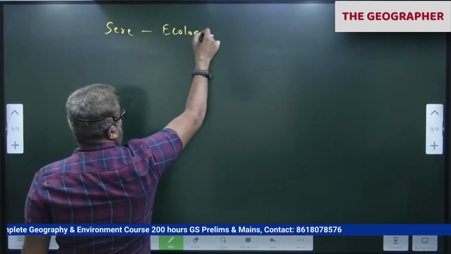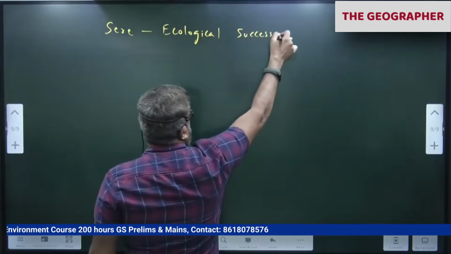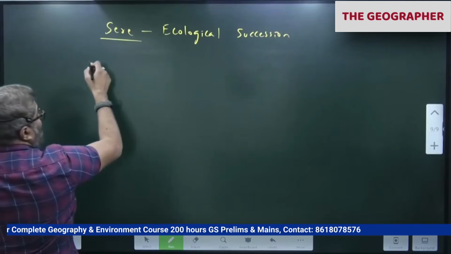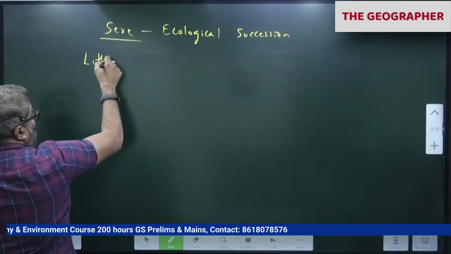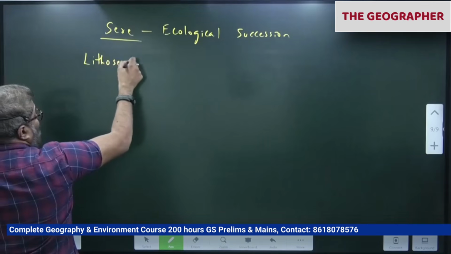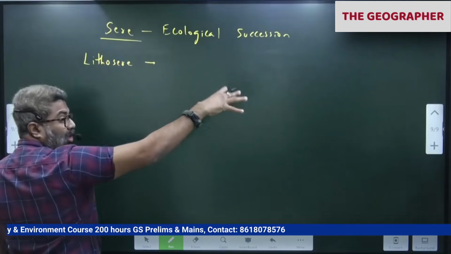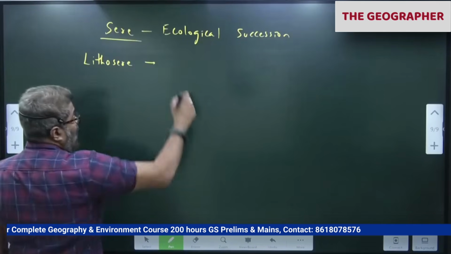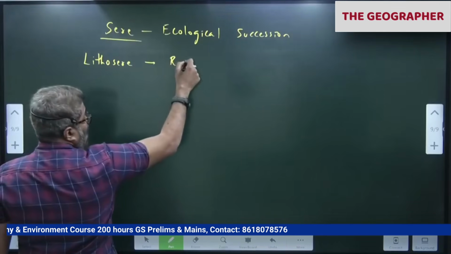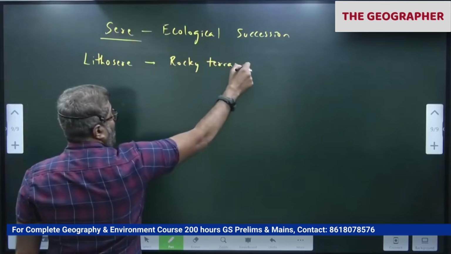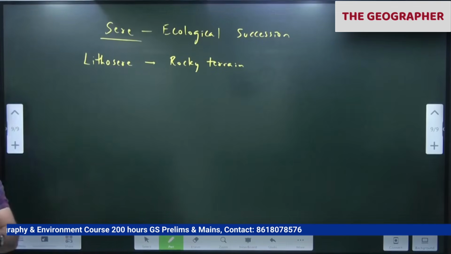So the sere we are talking about here, the entire ecological succession in an area, can be of various types. If it is only on rock, lithosere. If ecological succession takes place in a rocky environment, rocky terrain, where only rocks are there, vegetation starts growing.